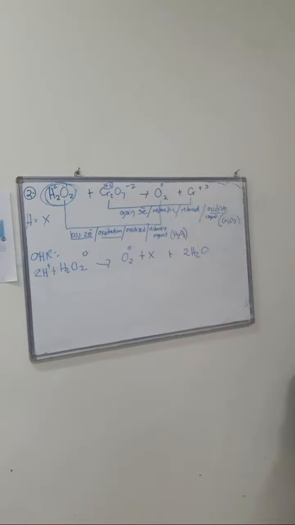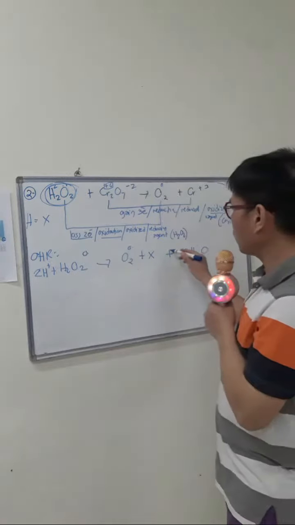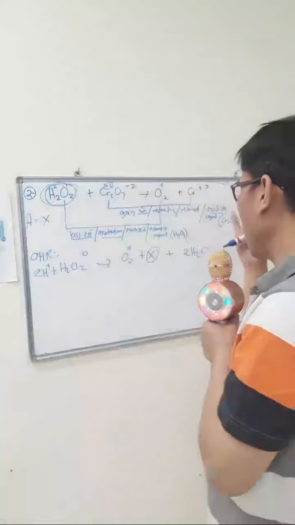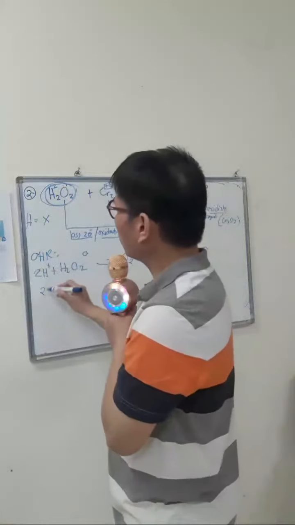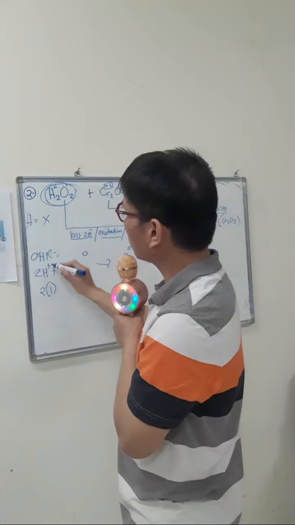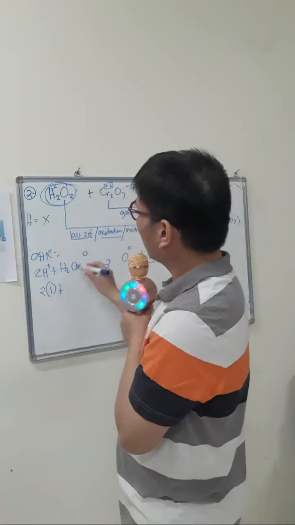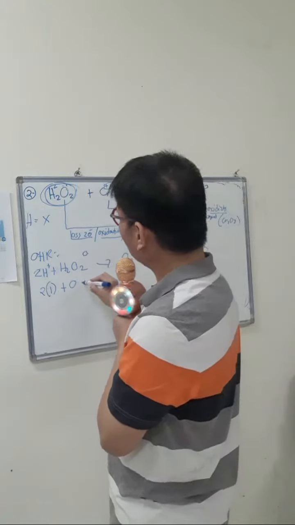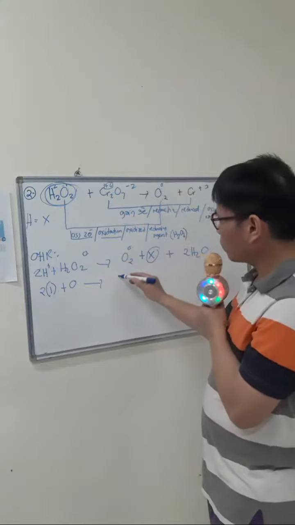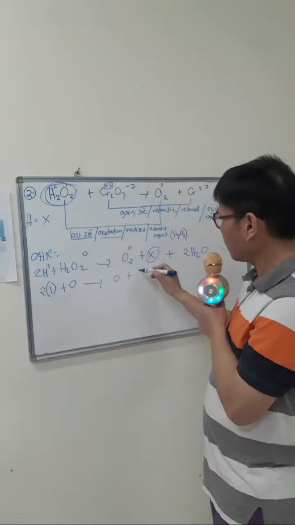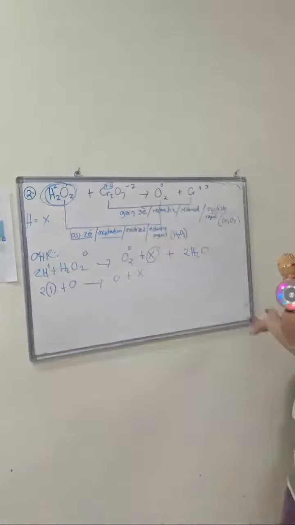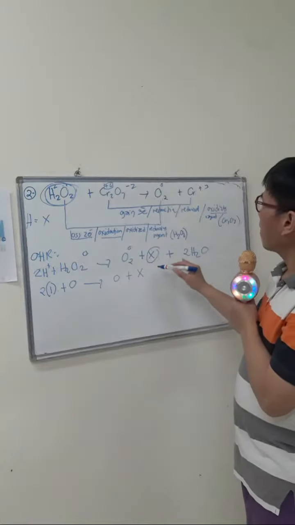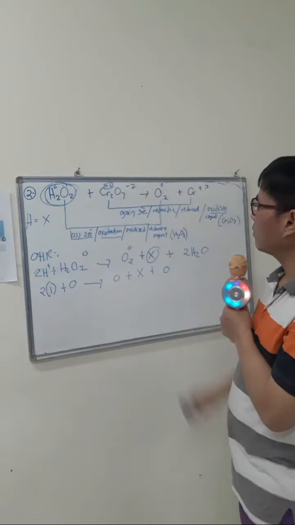So atoms, hydrogen 4, hydrogen 4, oxygen 4, oxygen 4, balance, perfect. Now, solve for the number of electrons which is the X. Okay, ganon. 2 times positive 1, the charge of hydrogen, plus hydrogen peroxide is 0, is equals to oxygen gas is 0 also, okay, plus X, the number of electrons which we don't know, okay, like that, and then plus 0, okay?